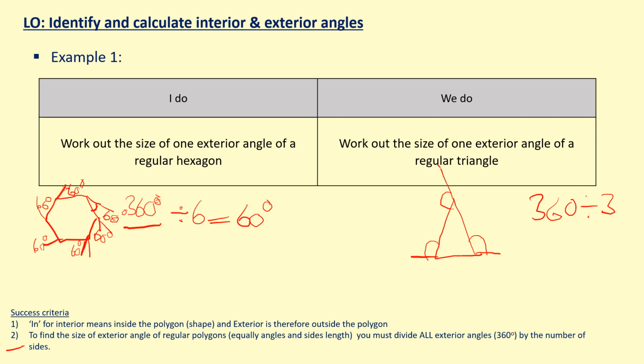Remember, looking at number 2, we divide by the sides to get one exterior angle. 3 into 3 goes once, 3 into 6 goes twice, and keep the 0. So 120 degrees would be one of the angle sizes.